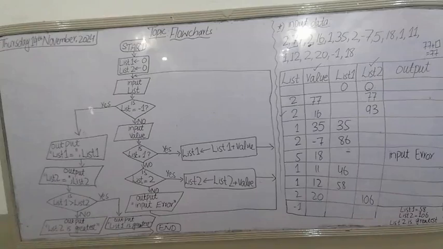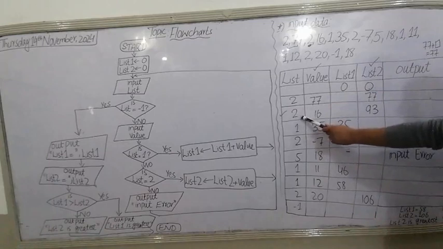After putting the value in the variable, let's move forward. We have the condition to check: is list equal to -1? Is list equal to 1? Means the value stored in the variable list, is it equal to 1? No, it's 2. So we'll move towards the no side, and is list equal to 2? Yes, the value stored in the variable called list is equal to 2.